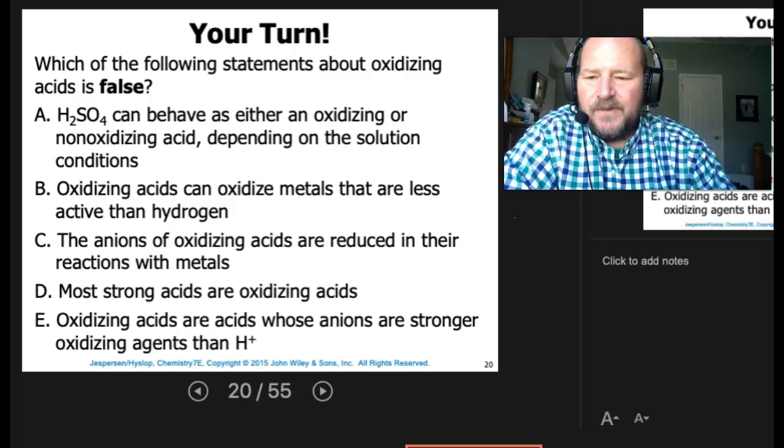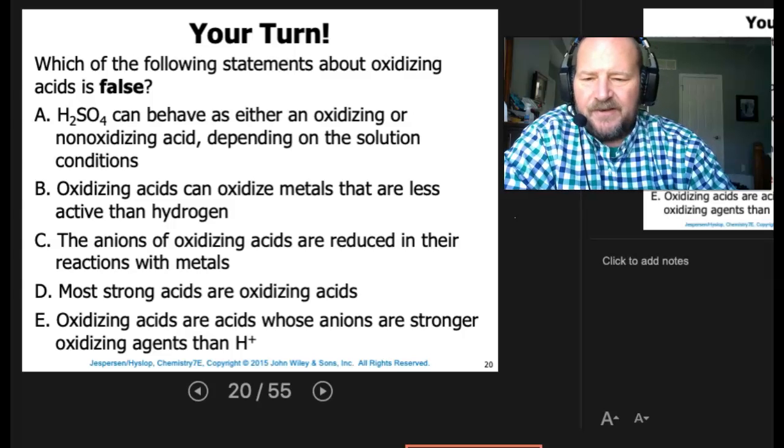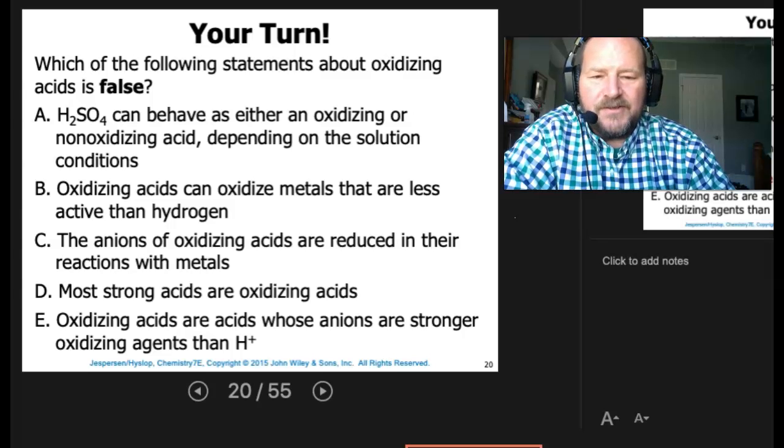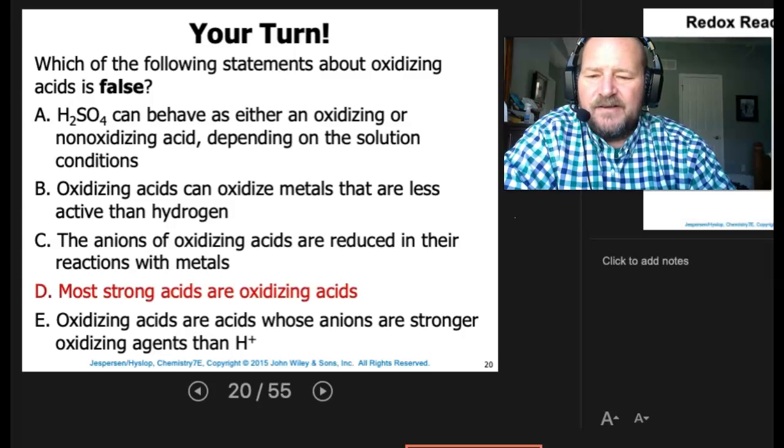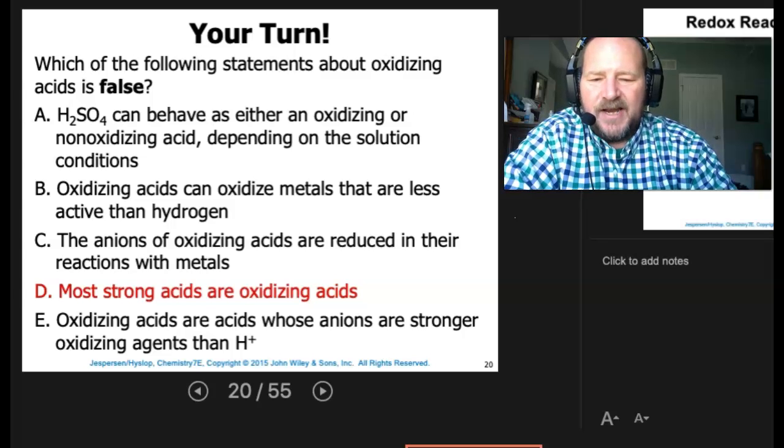Yeah, that's true. The anions of oxidizing acids are reduced in their reactions with metals. Yeah, that's true. Most strong acids are oxidizing acids. Well, that wasn't true at all, right? We broke it all down. Nitric acid's a strong acid. Sulfuric acid was a strong acid. So that must be the one that's false, right? And oxidizing acids are acids whose anions are stronger oxidizing agents.